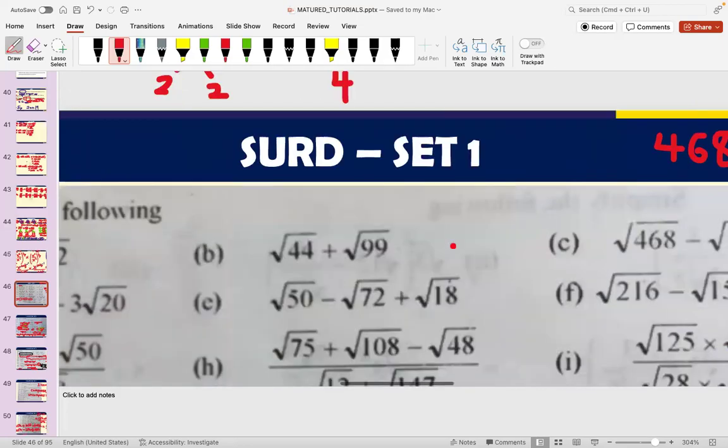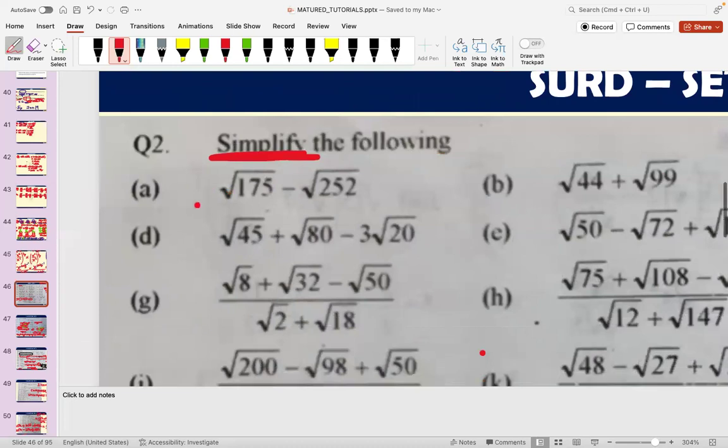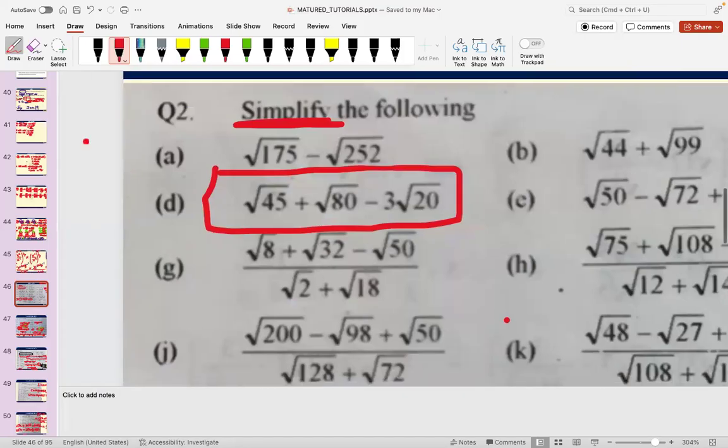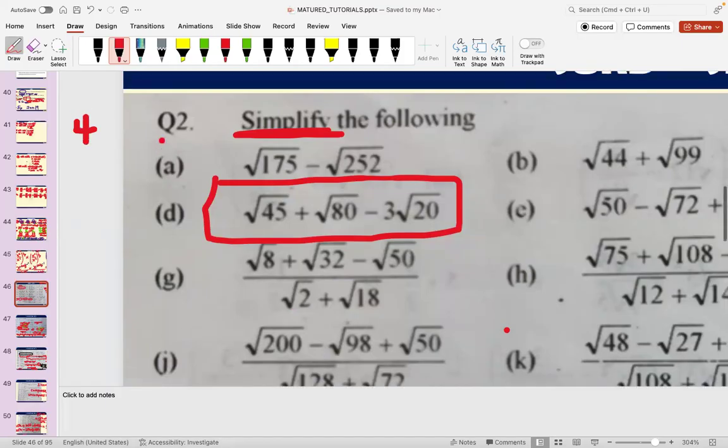So let's go to D and see the strategy here. How we can now use the perfect squares to work. So the perfect squares, we have 4, we have 9, we have 16, and I know you know all of them.